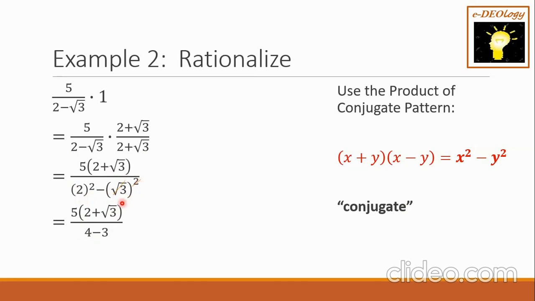Only the radicand 3 will come down here. So this is 4 minus 3. When we simplify further, the 4 minus 3 becomes 1. And the same numerator is here. And for the final answer, we simply remove that denominator 1. So this is our final answer.